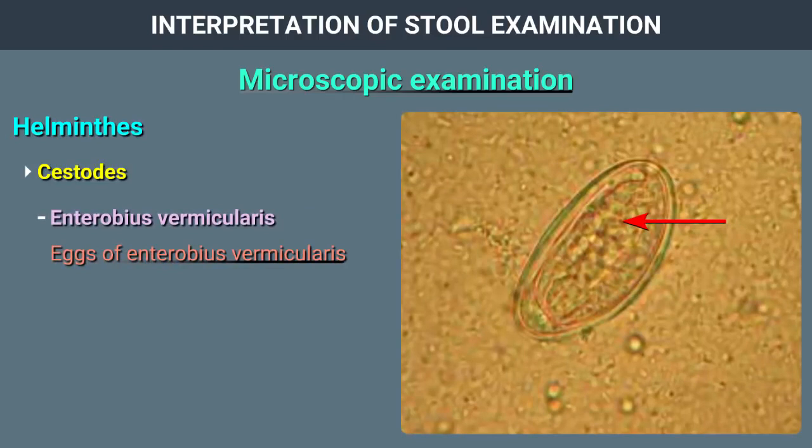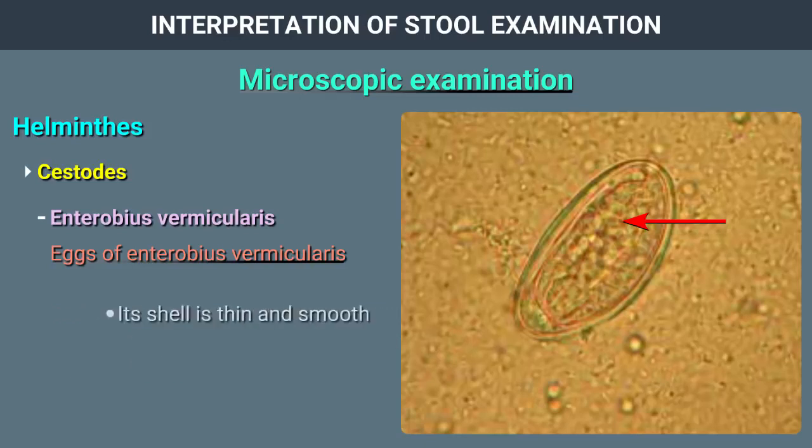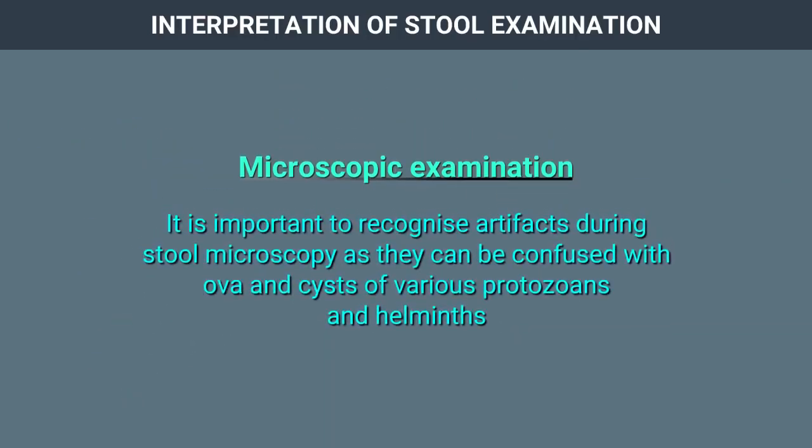Enterobius vermicularis. It is a plano-convex, elongate and asymmetric egg which measures 55 by 26 microns. Its shell is thin and smooth. Fully developed larvae are seen in the eggs. It is important to recognize artifacts during stool microscopy as they can be confused with ova and cyst of various protozoa and helminths.